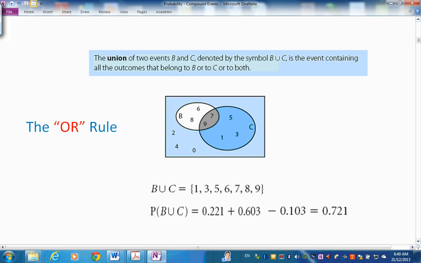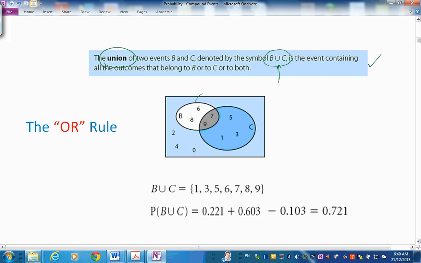Let's have a look at another thing to do with this same combination of these 2 events, and that's now called the union, and that's U for union. The upside down N isn't really an upside down N, but the N symbol for intersection is the other one that you must know. So this is the union, and as it suggests, we want the event containing all the outcomes that belong to B or C or both.